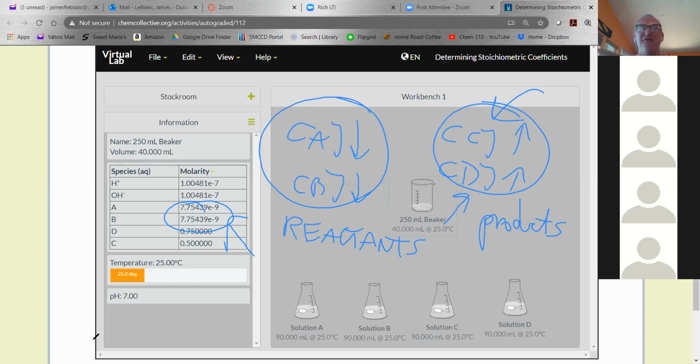It just means there's a vanishingly small amount. 10 to the minus 9 is basically nothing. If you're expecting 2.5 times 10 to the minus 1 molar, and instead you get 10 to the minus 9 molar, that's basically 0. It means that you've used 99.99999% of the total, and I'd say that's pretty close to 100.